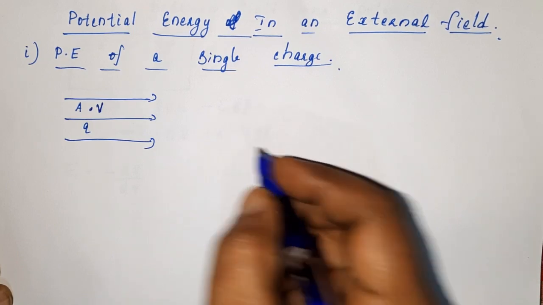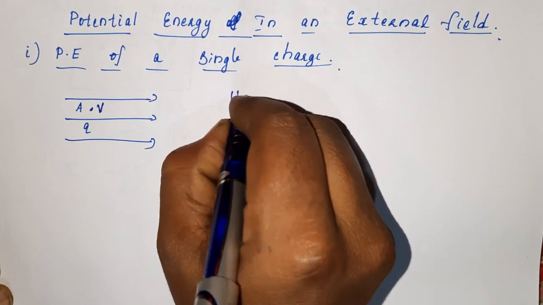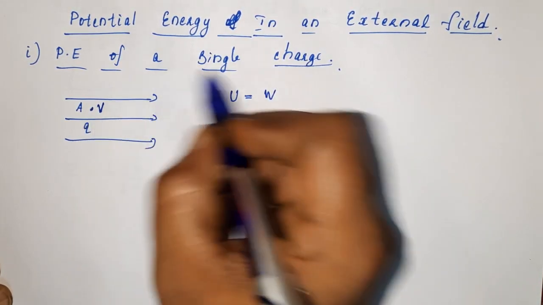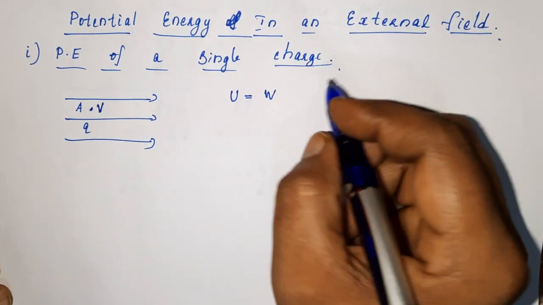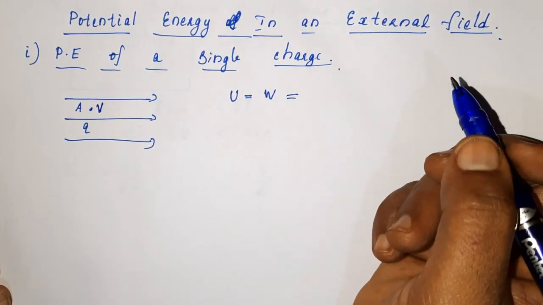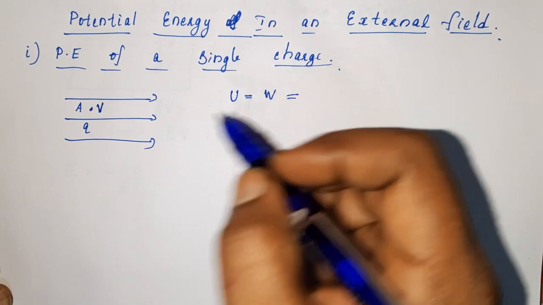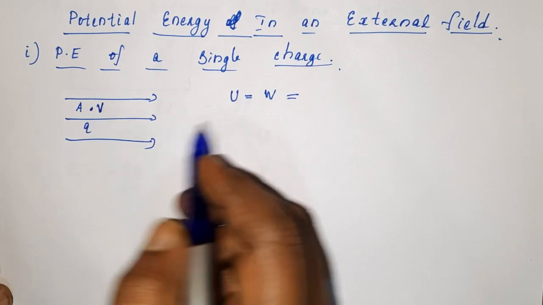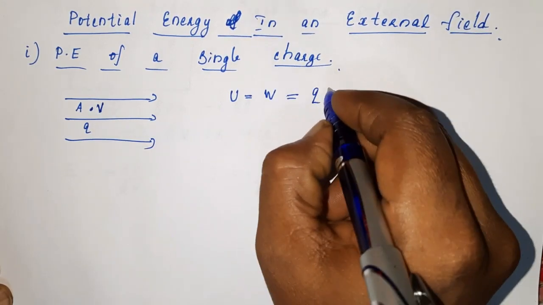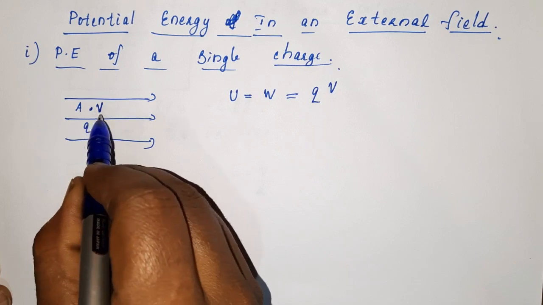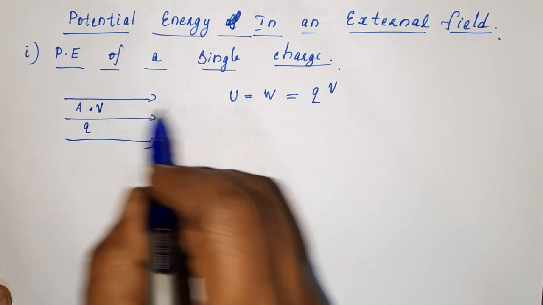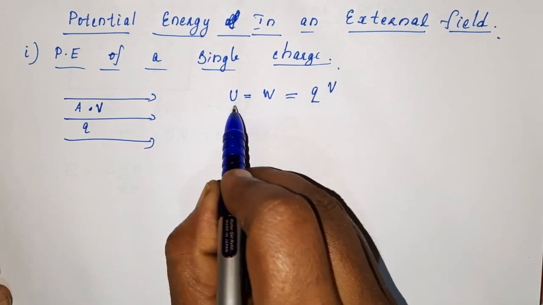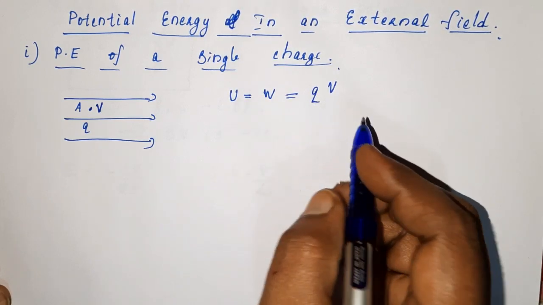By definition, potential energy is the work done in bringing that charge Q from infinity to that point. The work done in bringing this charge to this point is Q into V, because V is the work done in bringing unit positive charge. So to bring a charge Q, the work done is Q into V. So the potential energy is equal to QV.